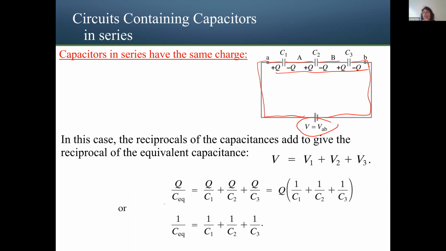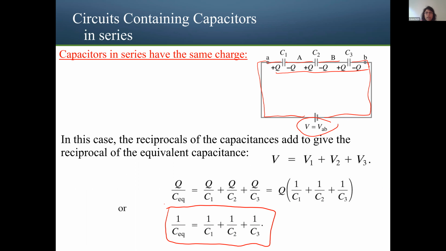In this case, we say they are connected serially. When they are connected in series, you can calculate your equivalent capacitance by using this formula.